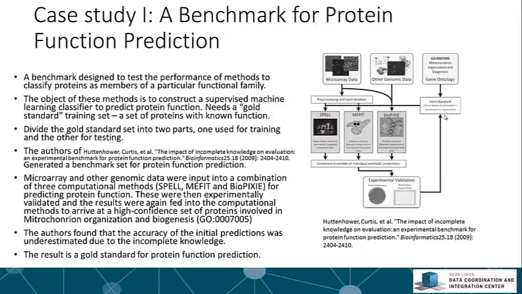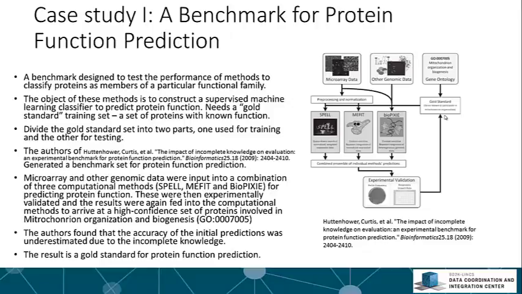The result of this is a set of proteins with associated biological functions that are very high confidence, and these can be treated as a ground truth. The capability of supervised machine learning classifiers to recover this ground truth in their analysis can then be used as a measure of the performance of the classifier.